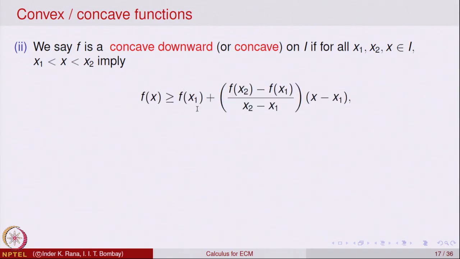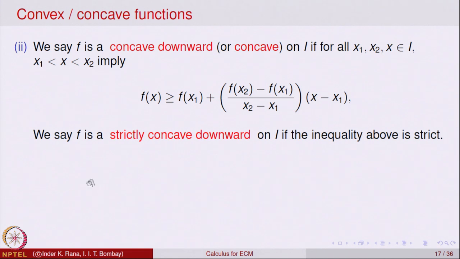This is the value at the point on the chord joining, and this is the value of the function. So, the graph is always above the chord joining. Then it is called concave downward, and we say strictly concave when f of x is strictly bigger than the chord, so one adds the word strictly to concave up or concave down.